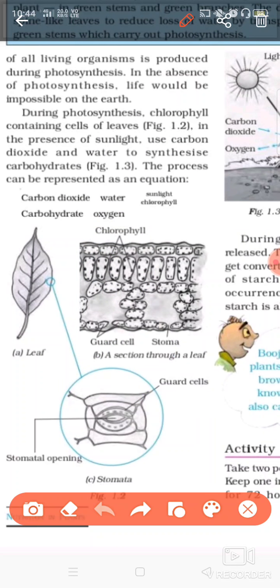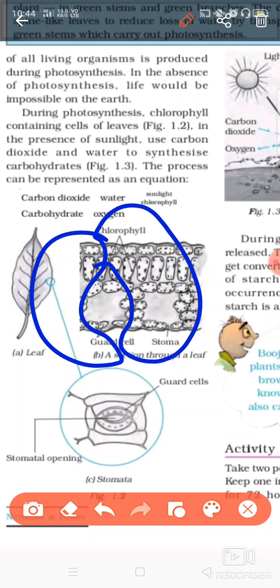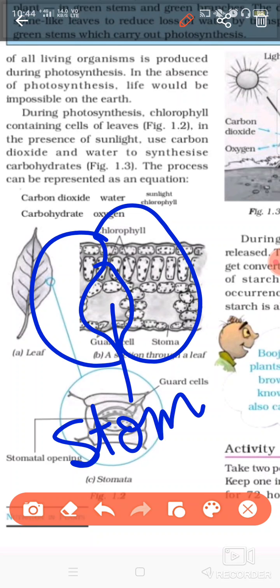These are the guard cells, and this opening is known as stoma or stomatal opening.